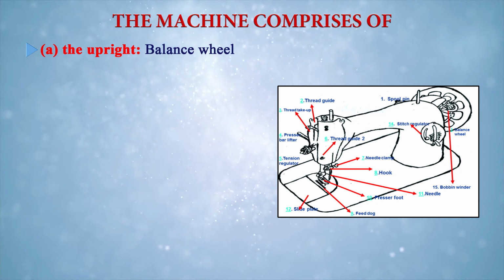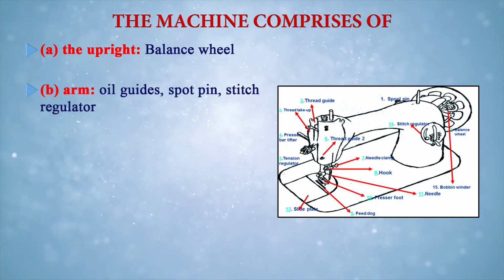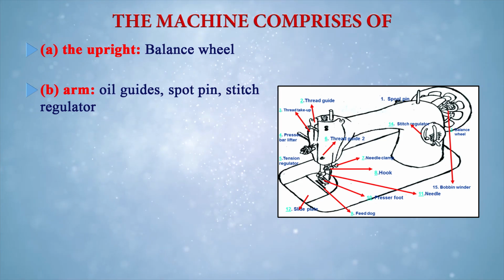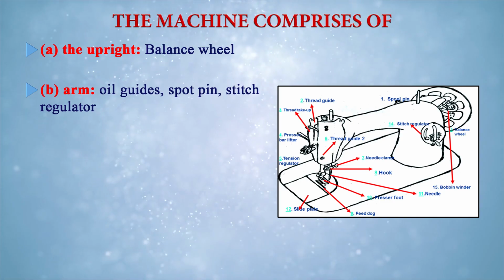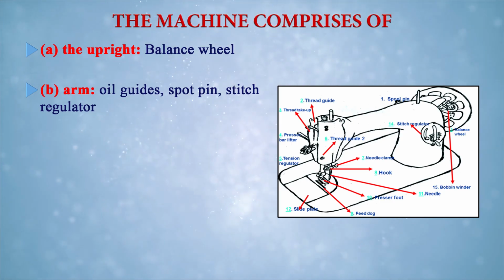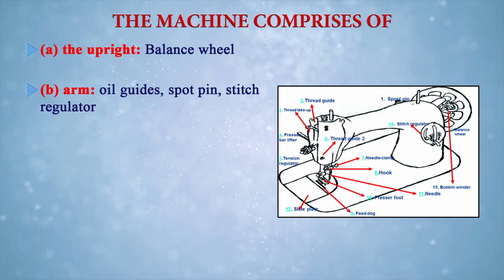Then the second part, which we broadly call the arm of the machine. When you see this picture, after the upright side, its structure seems like an arm, like a human body's arm.